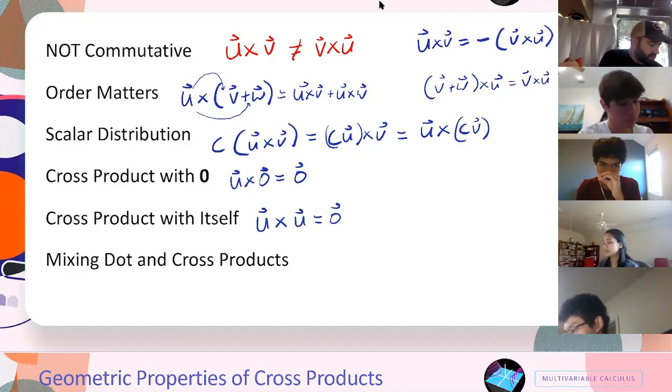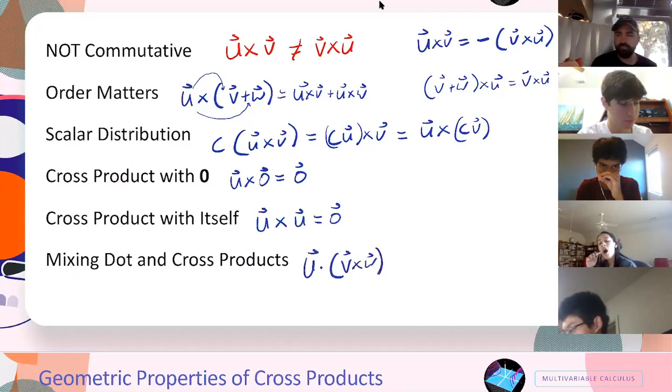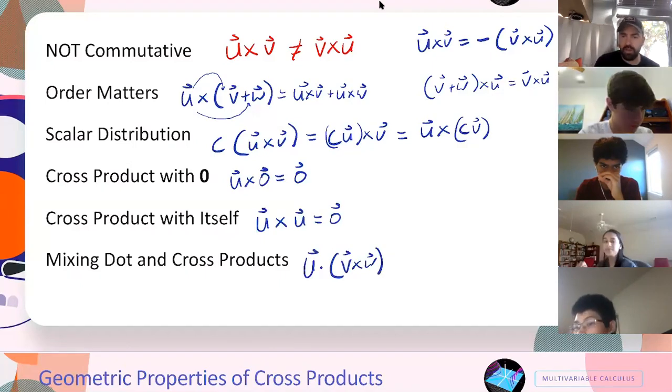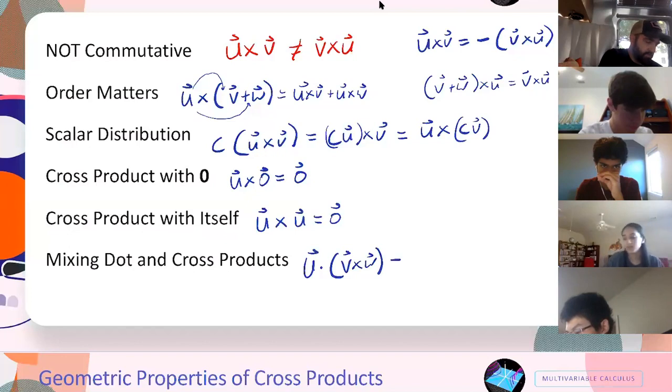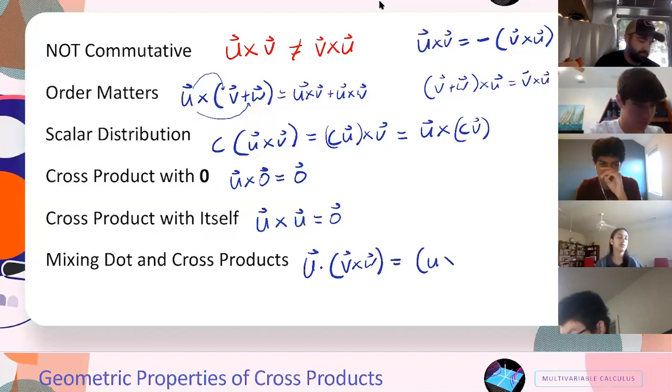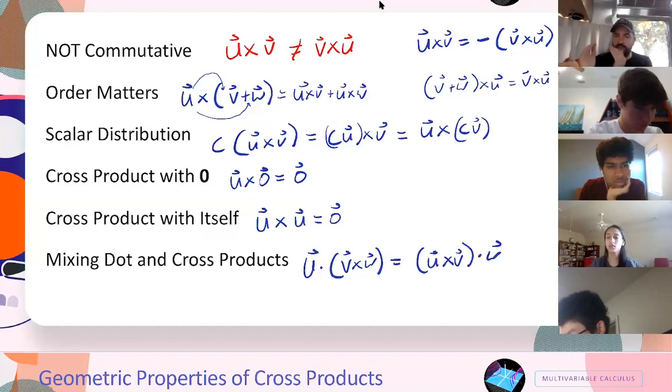Okay, if we want to mix dot products and cross products, we can take the dot product of a cross product, right? Because V cross W is a vector, so we could dot product with that vector. This is the same as doing U crossed with V and then dotting with W. If I try to adjust the parentheses, the cross product has to happen first.